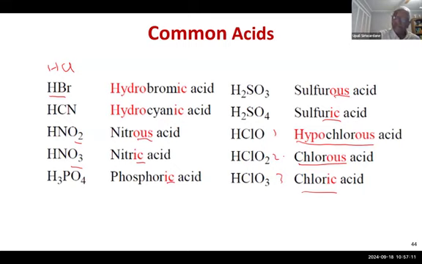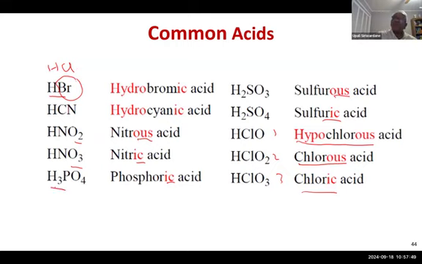The anion names: this is when you lose a hydrogen, bromide ion is formed. Cyanide ion formed from hydrocyanic acid. Nitrite ion is formed from nitrous acid. Nitrate is formed from losing hydrogen from nitric acid. 3 hydrogens lost from here make phosphate ion.